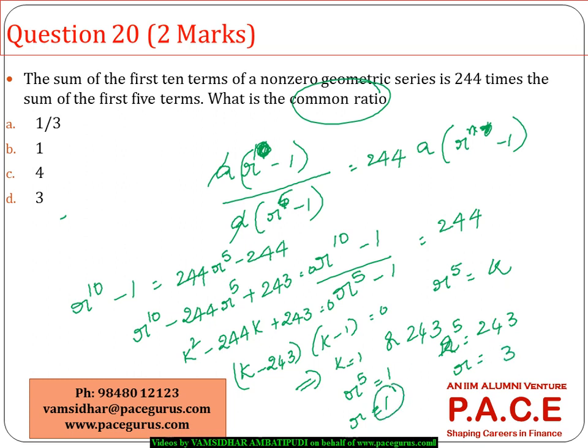Now r equal to 1 cannot be a solution, because if r is 1, then all the terms are the same itself. So I'm not going with r equal to 1, I'm taking r equal to 3 itself. So which means I can directly mark D as the option choice here.